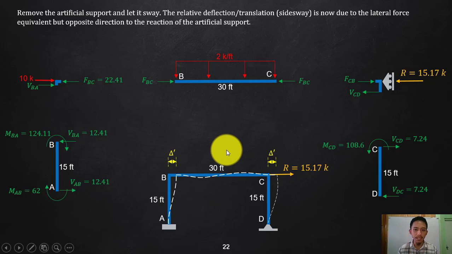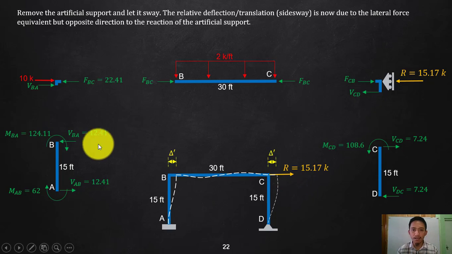But of course, this time we need to remove your external loading, since we already analyzed that one. Only the opposite direction of your reaction, so that we will let it sway. Again, you do not need to consider the external load, since we are done with that.